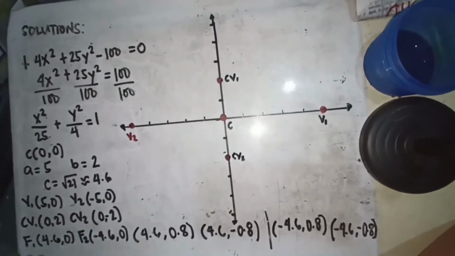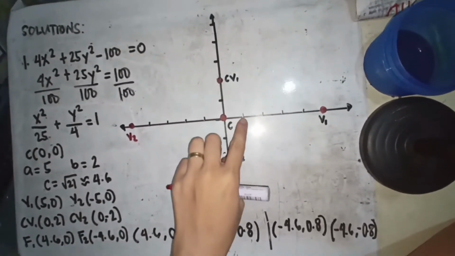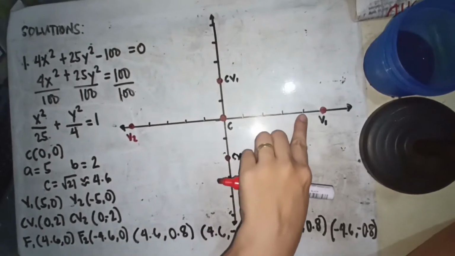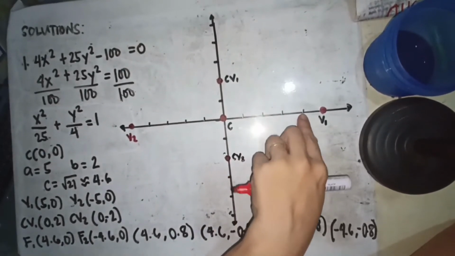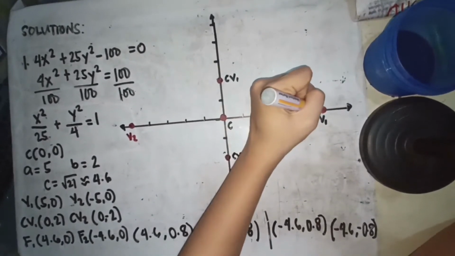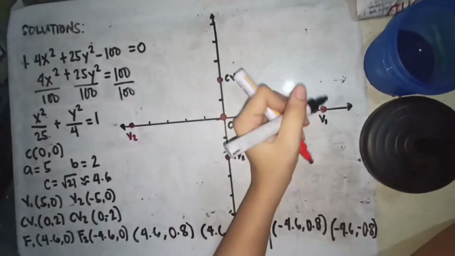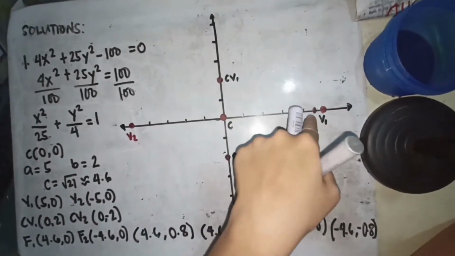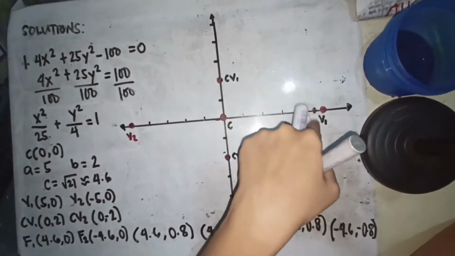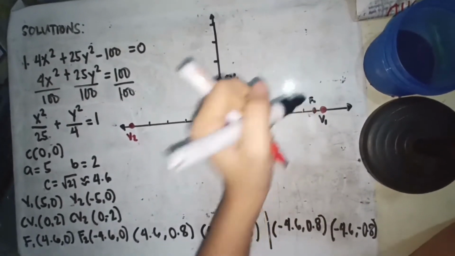We also have our foci. Focus 1, we have 4.6 and 0. So we have 1, 2, 3, 4, and then 0.6, that would be between 4 and 5. So approximately here. Okay, this will be our F sub 1.